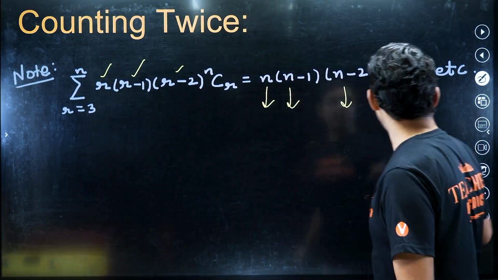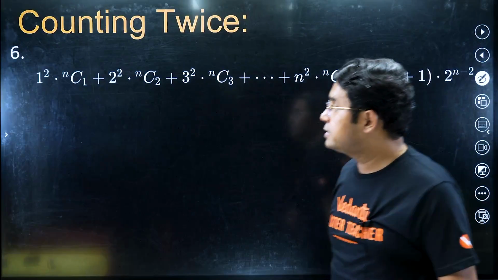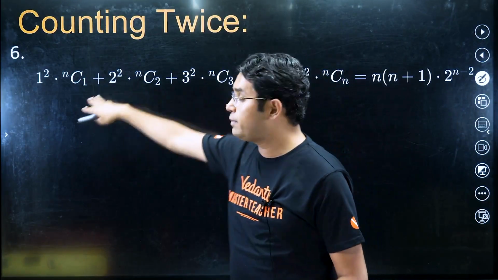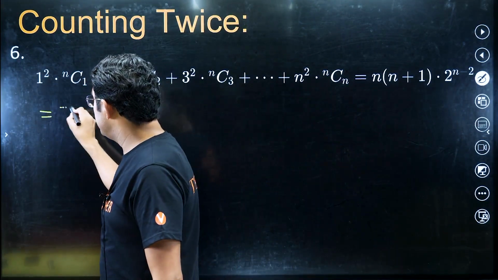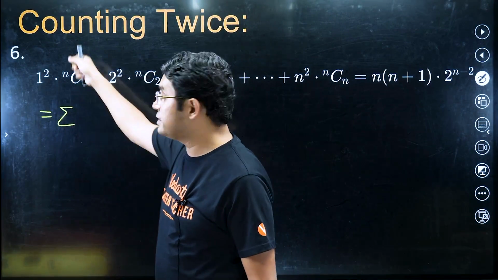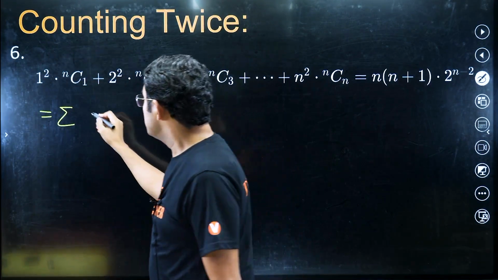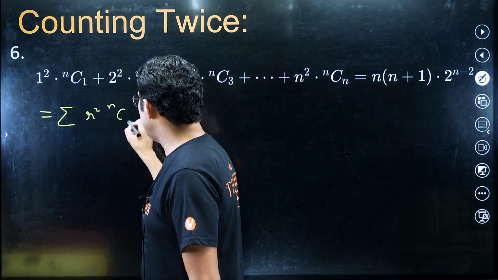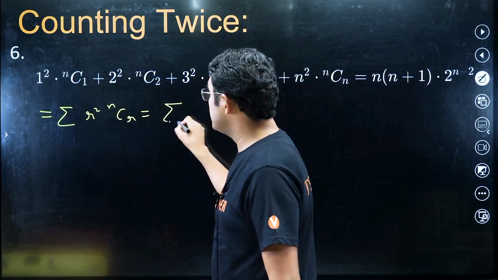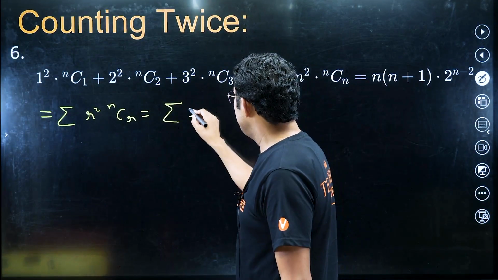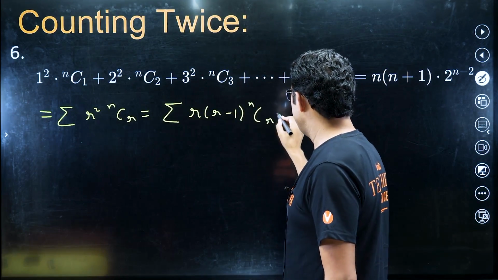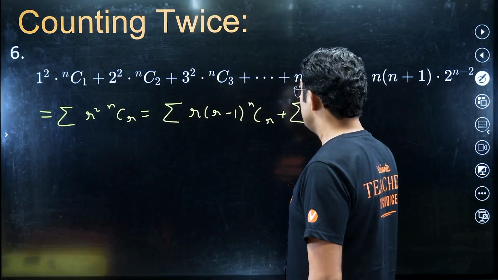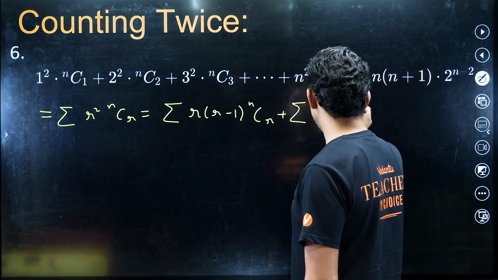Simple, isn't it? Now this relation, please see: 1 square, 2 square, 3 square multiplied with nC1, nC2 and so on. This relation can now be done in 2 ways. If you remember the result I derived in 5, we can write r square nCr as summation of r into r minus 1 nCr plus summation of r into nCr.